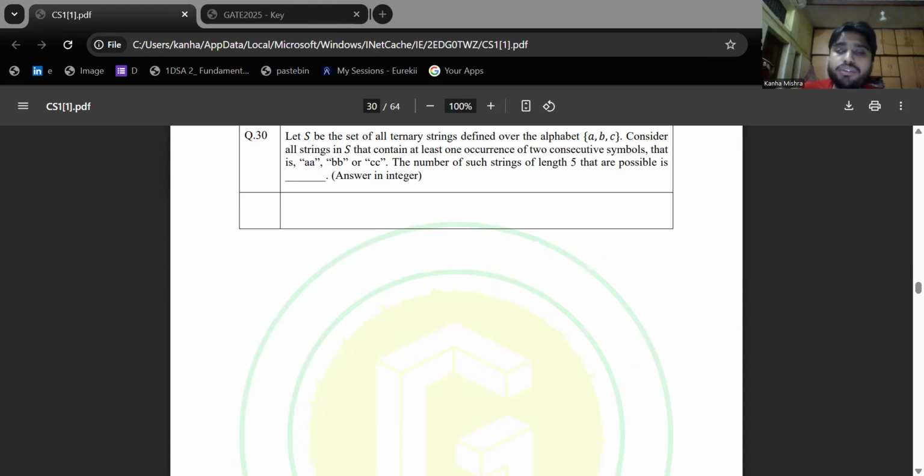We know the total strings is 3 to the power 5. Now I have to count strings of length 5 where no two adjacent characters are the same.